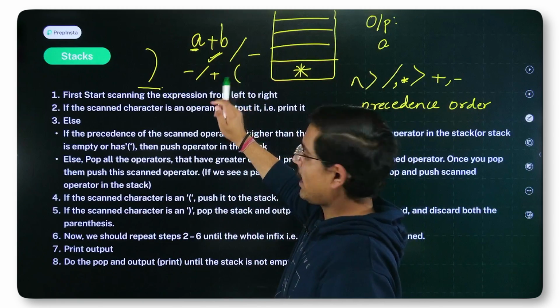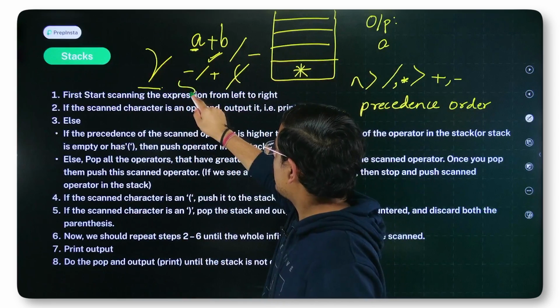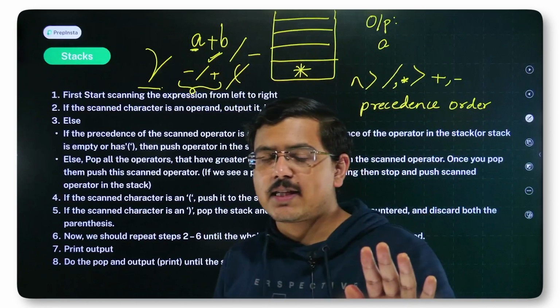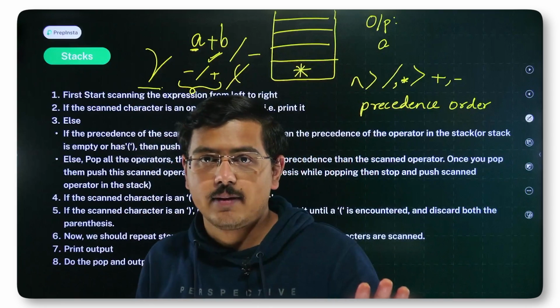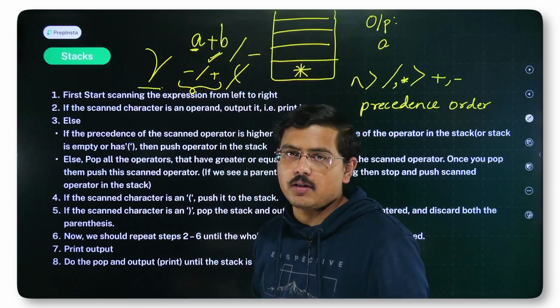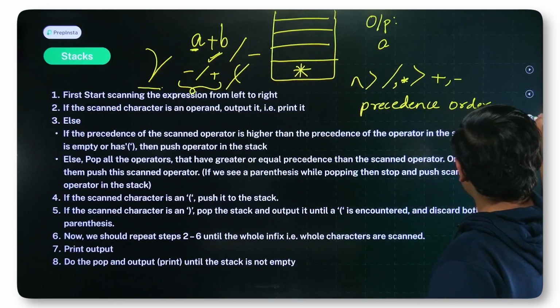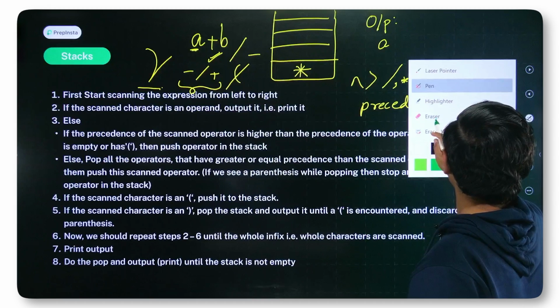Once you get this opening bracket out of the stack, you discard both of them and you just have this expression. Let me tell you, in postfix expressions these brackets do not exist usually, fine. So you discard these brackets and you are left with these operators, fine. So we'll take an example where we can do all this, fine, don't worry.